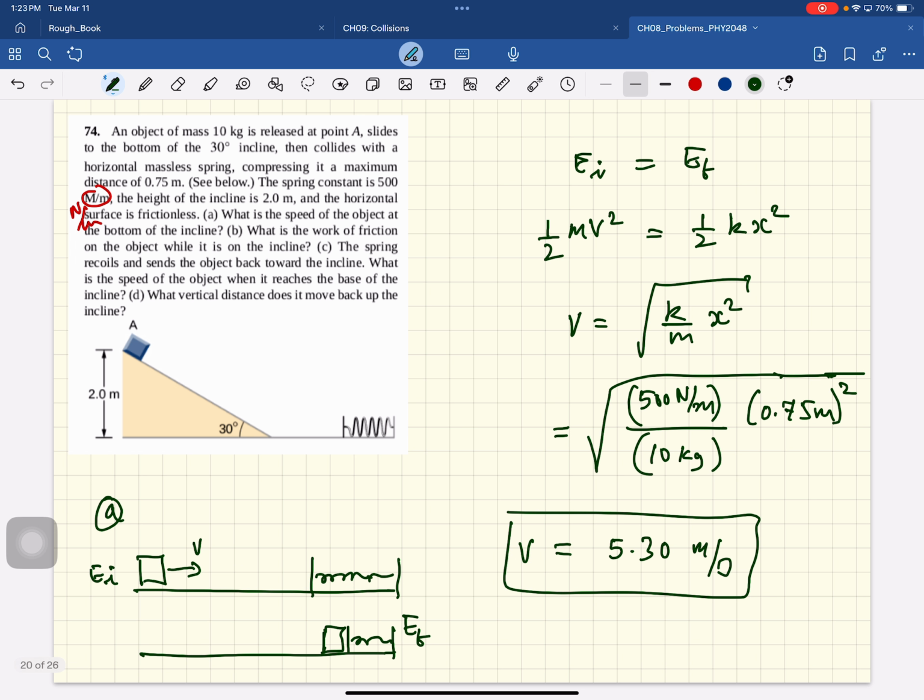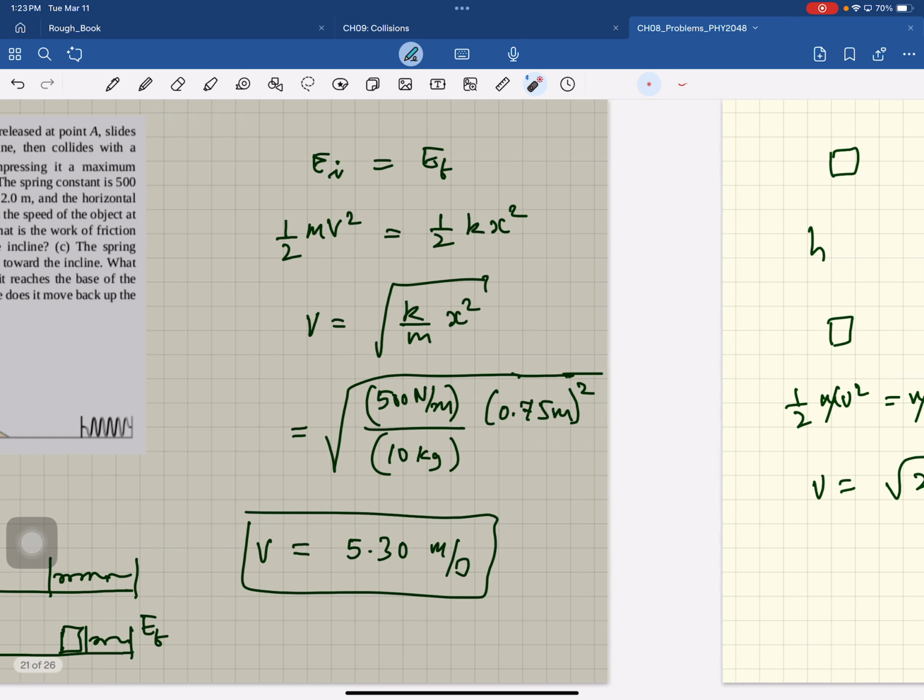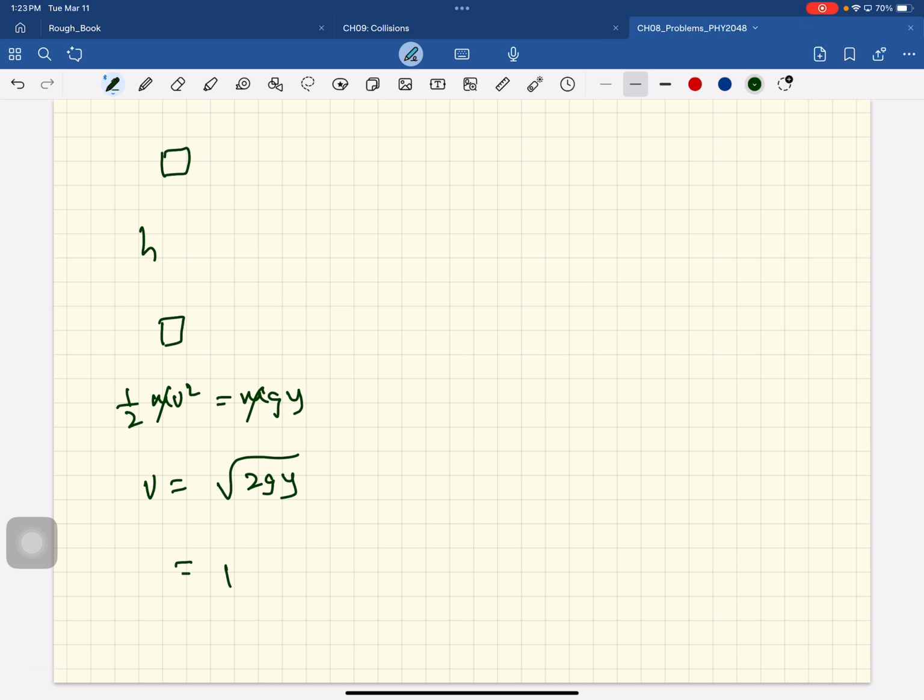So if there was no friction and this mass fell 2 meters, the speed at the bottom would be the square root of 2 times 9.8 times 2, which is 6.26 meters per second.